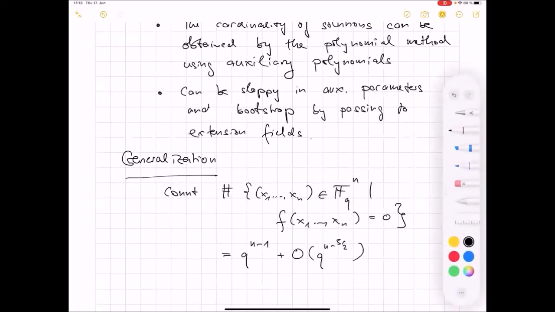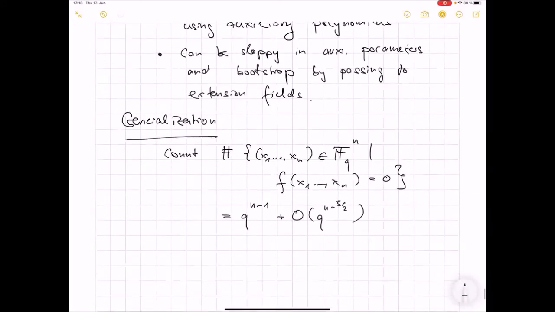I mean, you need at least some reasonable assumptions. You may be disappointed by the quality of the error term. It saves only a half power of q. Maybe you'd have dreamt that you get something like n over 2. This is in general not possible because there can be lower dimensional strata. But okay, that's a general result that's proved in Schmidt's book.